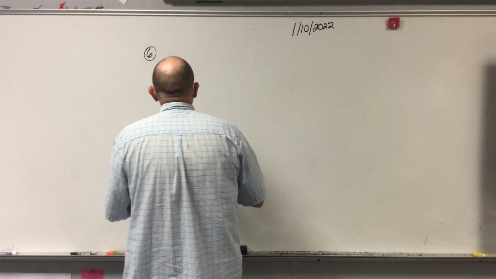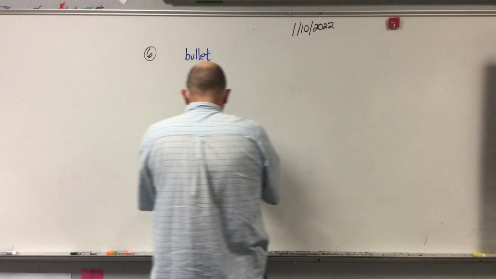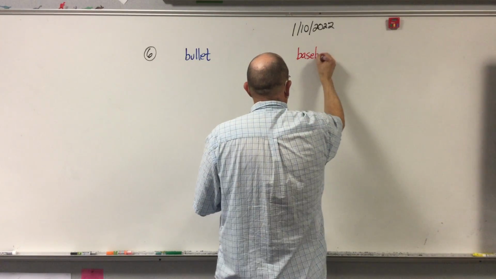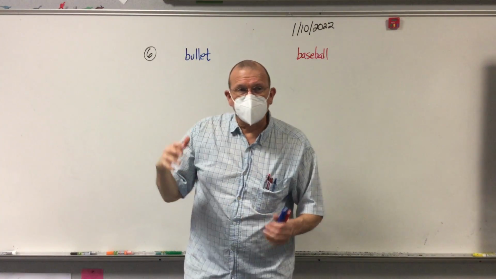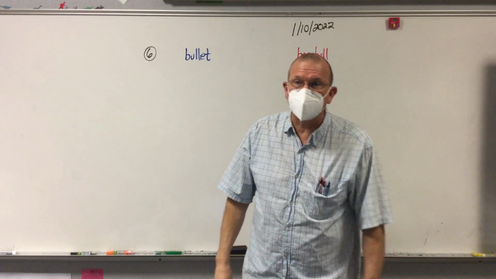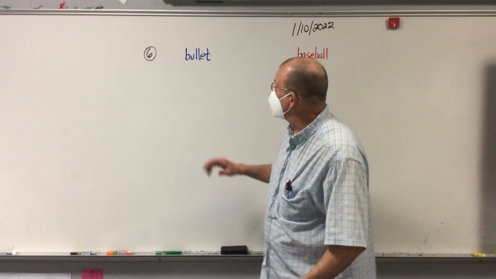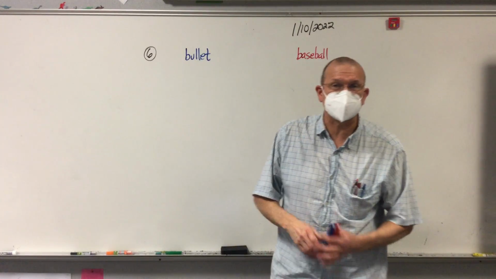So we are going to do the bullet in blue and the baseball in red. Now, both of these objects, all we are talking about is momentum. That's all. So what pieces of information do we have about either one of these that they give us?